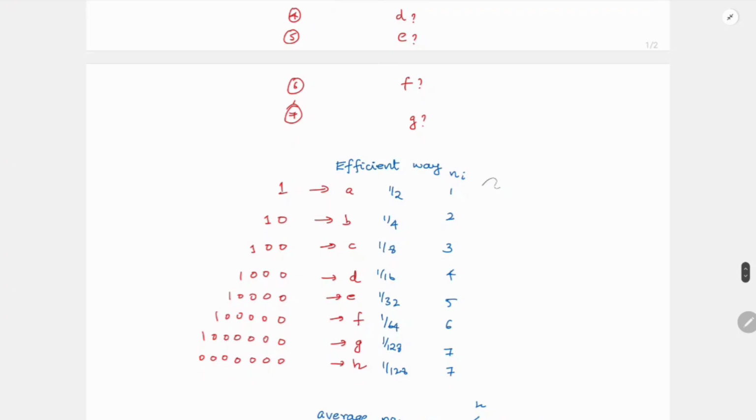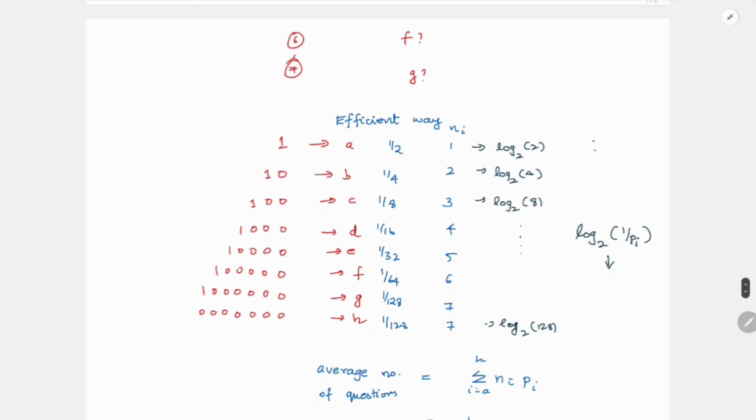Now if you observe, the number of questions for each symbol is nothing but log 2 of 2, log 2 of 4, log to the base 2 of 8, and so on up to log 2 of 128. So it is nothing but log to the base 2 of 1 by pi, 1 by the probability. So this is called your information.